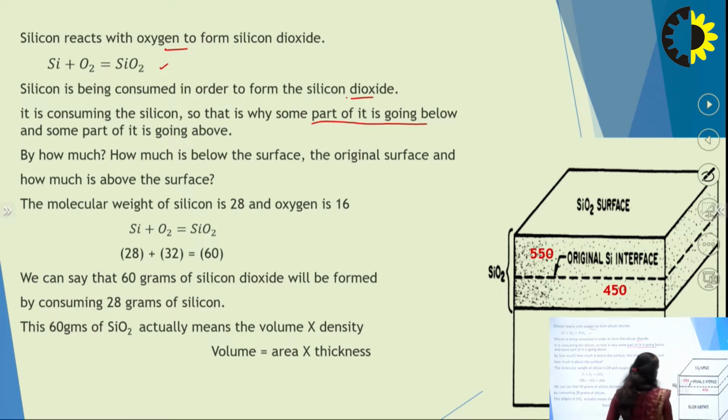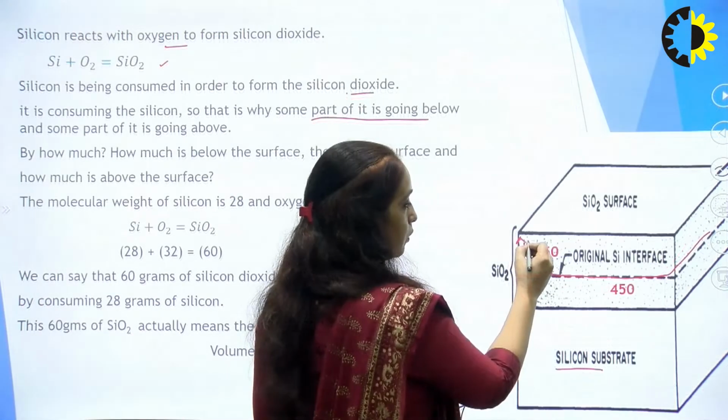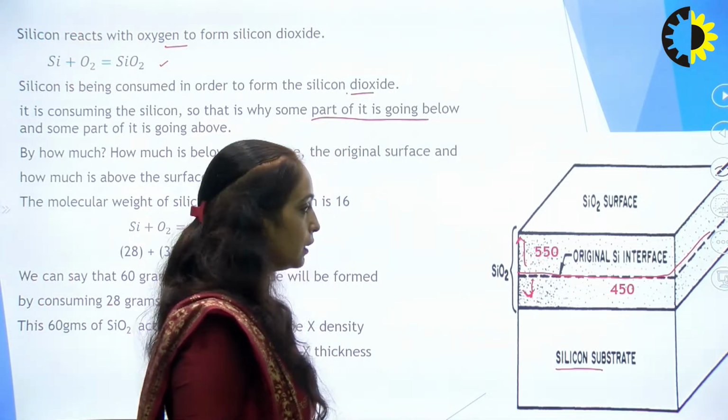We can see in this diagram that we have the silicon substrate up to this point, and some part of SiO2 is grown inside the substrate and some part of SiO2 is grown outside the substrate.